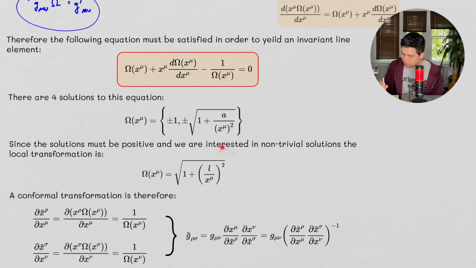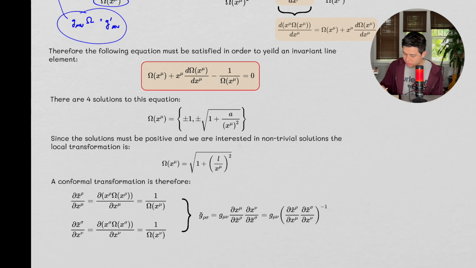And this one's not so trivial: plus or minus 1 plus a, where a is a parameter that we have to choose, divided by x mu squared. And you can actually plug this in here and you'll be able to see that everything's kosher.